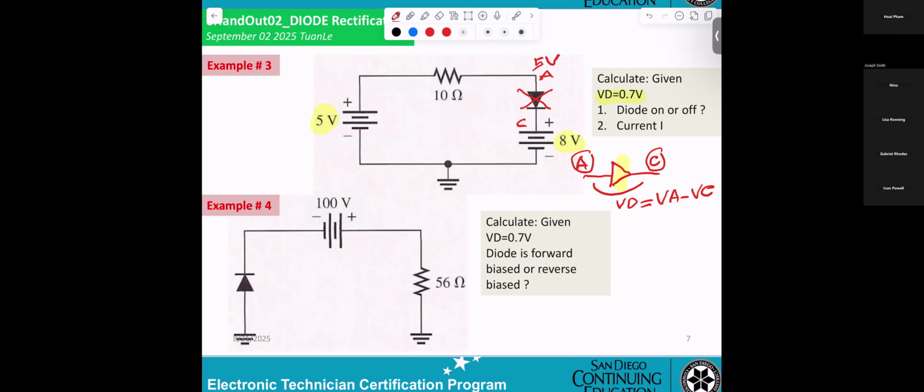And now when you put in the diode, you get 5 volts here and 8 volts here. So 5 volts cannot be greater than 8 volts, right? That's why you say the diode is off.